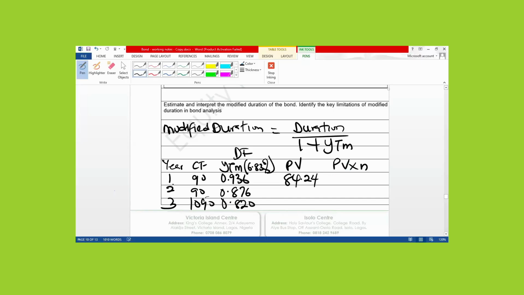Present value multiplied by n. 1 multiplied by 84.24 is 84.24. Year 2 gives 78.84, and 2 multiplied by 78.84 is 157.68.